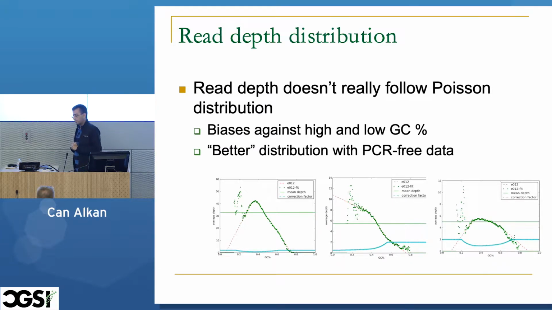The read depth analysis assumes that it is a Gaussian distribution, or a Poisson distribution, but it is not. As I said, it is affected by the GC content, for example. Although, again, you can get better data if you do PCR-free sequencing.